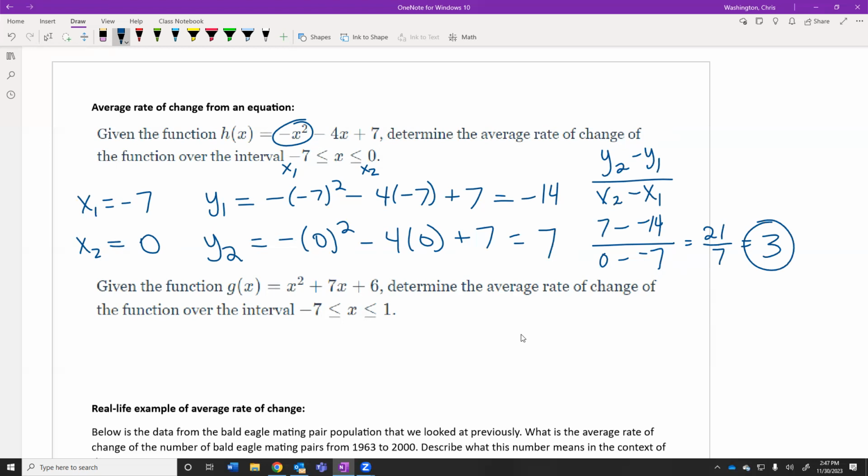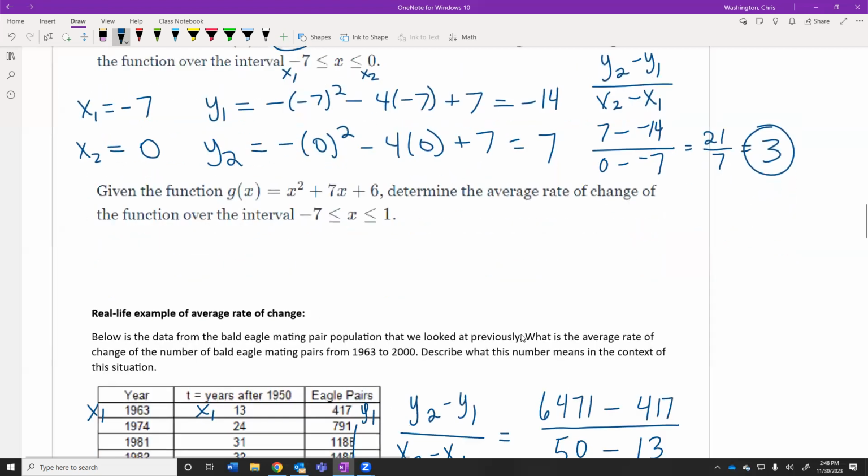Does that mean it's going to grow 3 inches every single day? No, one day it might grow 1 inch, and the next day it might grow 5 inches. So over those first 2 days, it grew an average of 3 inches per day. And last but not least, same idea. Second example, we are looking at x1 is equal to -7, x2 is equal to 1.